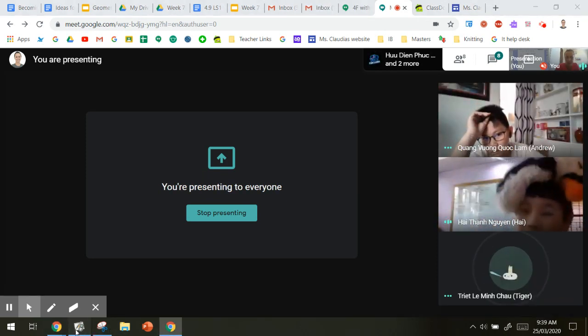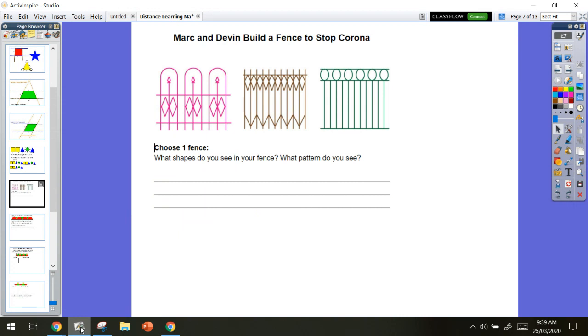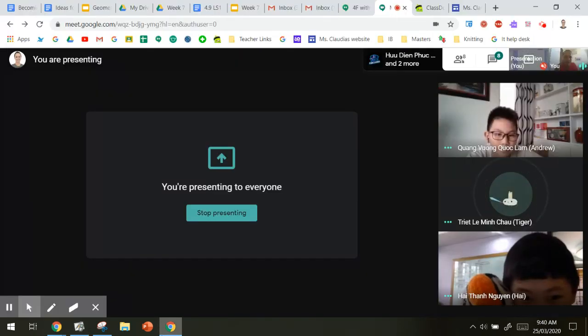Andrew, will you read the directions? Thank you for raising your hand. Mark and Devin will build a fence to stop the COVID-19. All right, excellent.